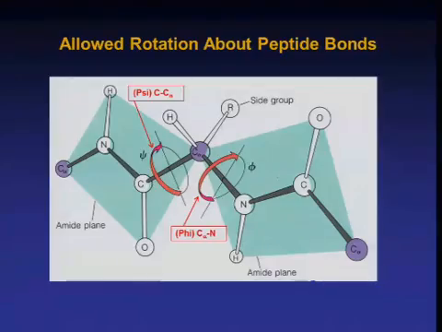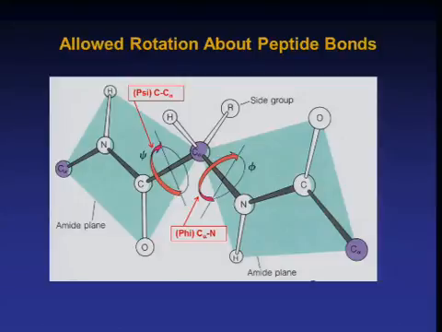In fact, when you look at the peptide bond and these possible rotations that can occur, here and here, you can't have every possible situation in terms of where they are.